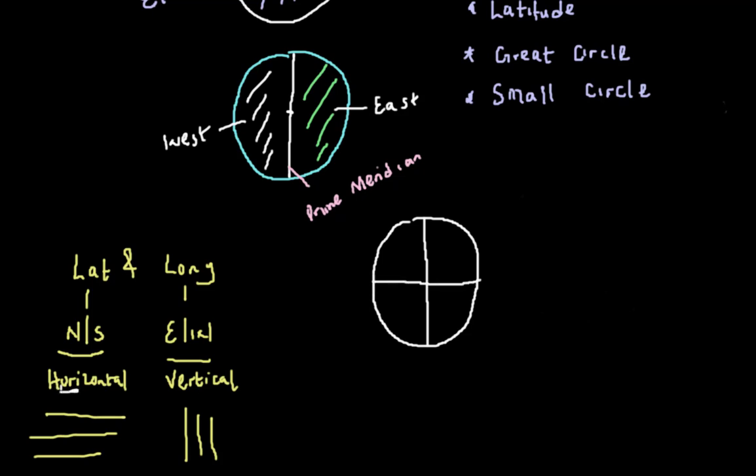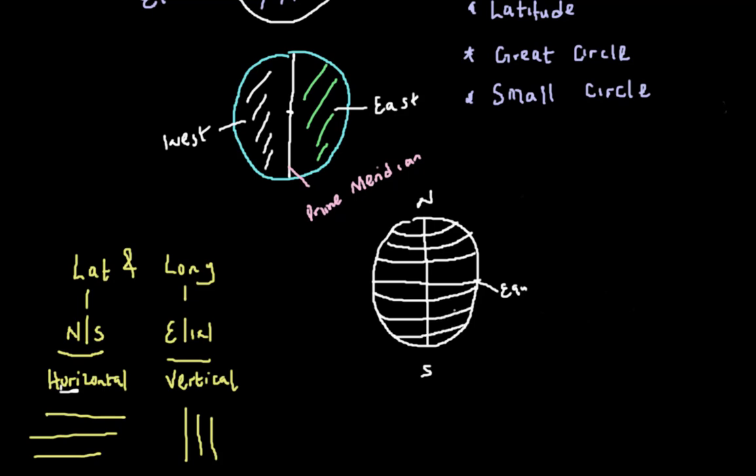Latitude are horizontal lines, north or south. The part above the equator, remember this is the equator, is north, and then the part below is south. So it then means that lines of latitude are these. They are horizontal lines. So these are lines of latitude. It can be north or south.